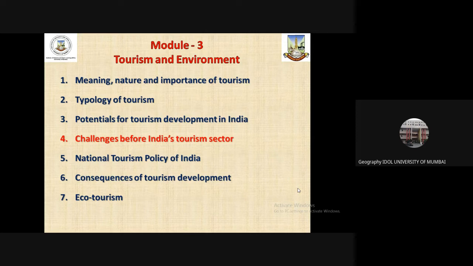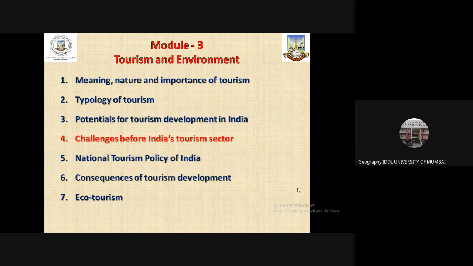In the last lecture, we started with the third module of the second semester syllabus, tourism and environment. In that, we discussed the meaning and importance of tourism as an important economic sector, and also different types of tourism based on their purpose, based on the general classification given by World Trade Organization.